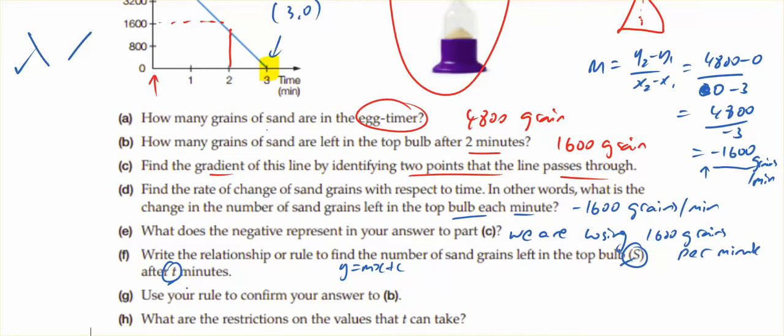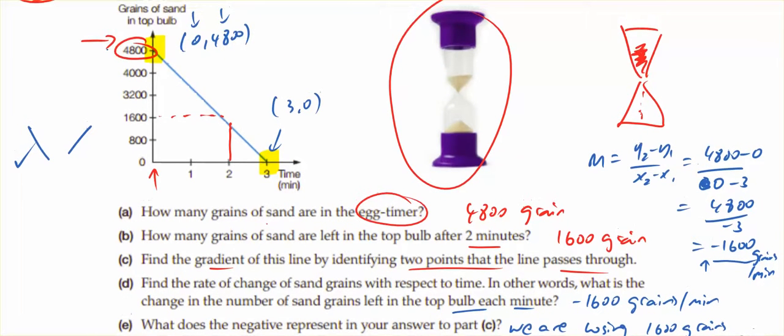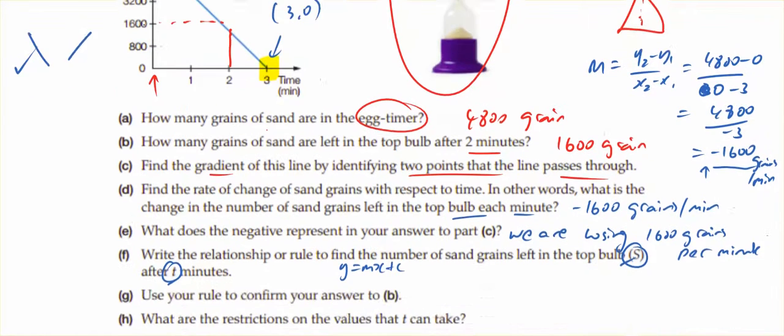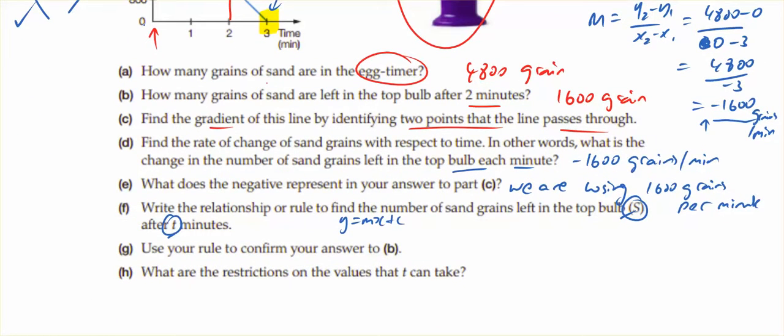Looking at the graph, the y-axis is the grains of sand, so it's S instead of y, and t instead of x. So it's mt plus c. All that's different, girls, is that one is y and x, the other is S and t. Apart from that, it's exactly the same thing. We just labeled it differently to relate back to the context.